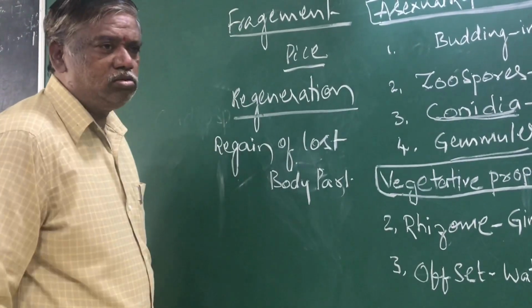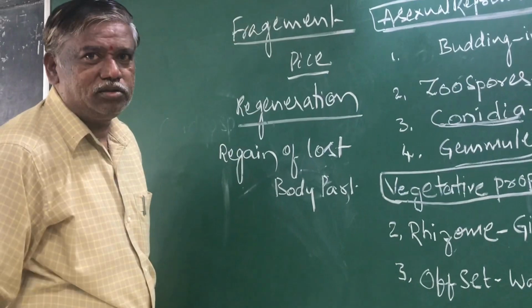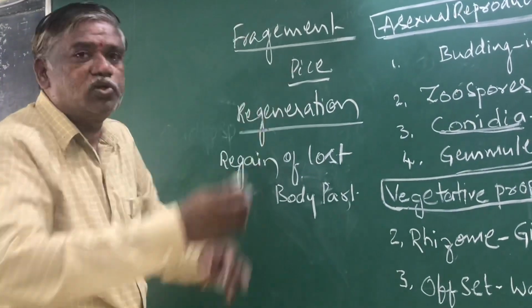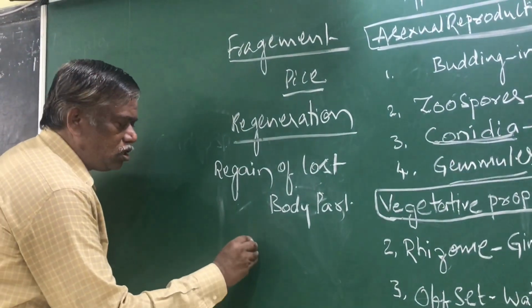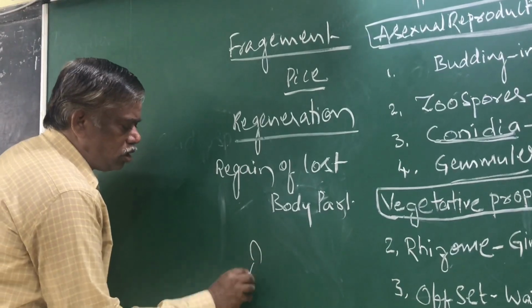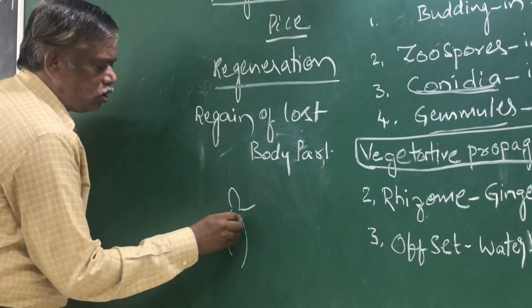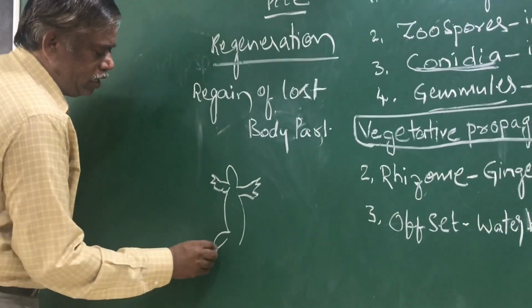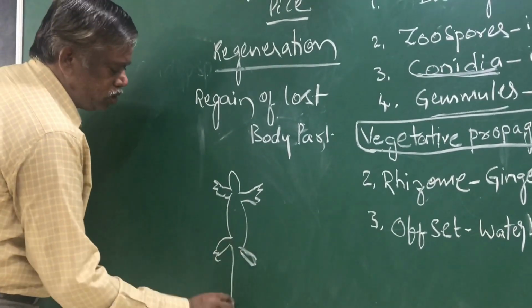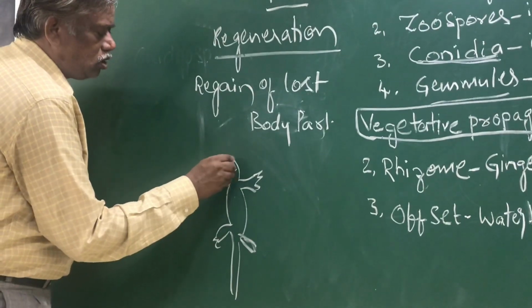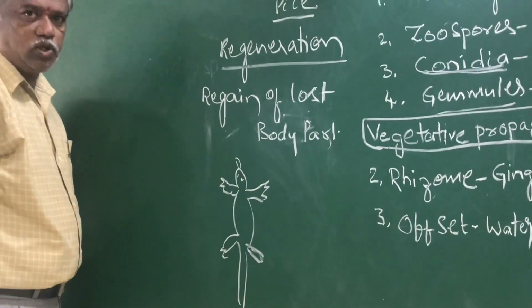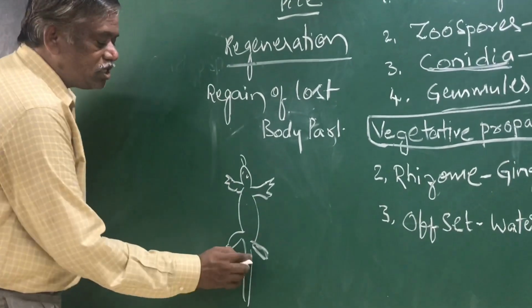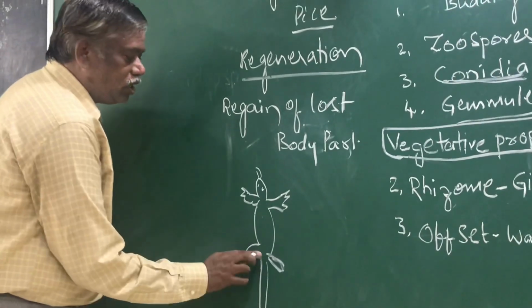You know the wall lizard. The majority of students observe the wall lizard. It is a wall lizard. Right now it is the trunk, the forelimbs, the hind limbs, the tail, eyes, tongue. Suppose when you touch the tail, they lose the tail.